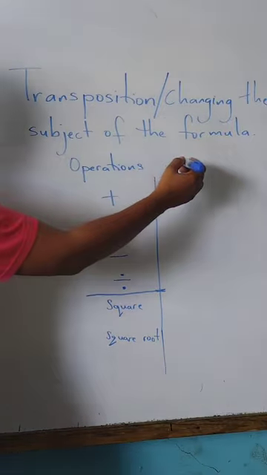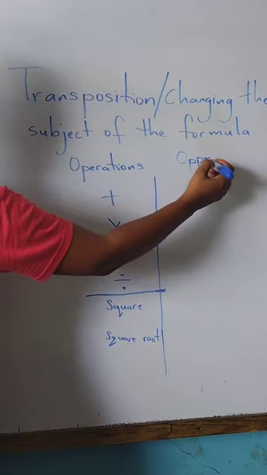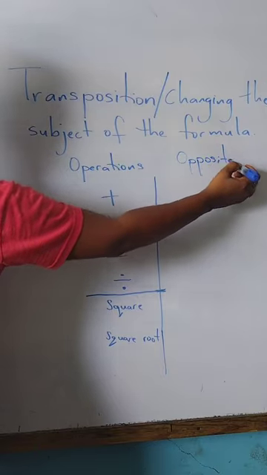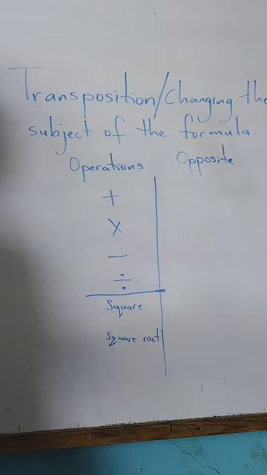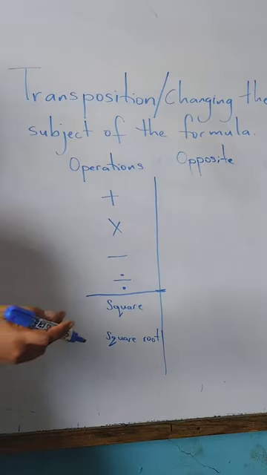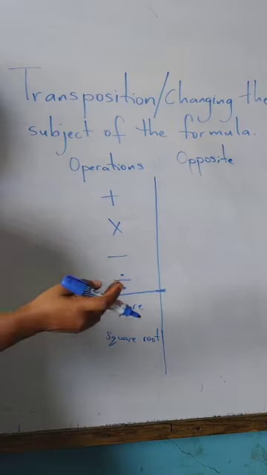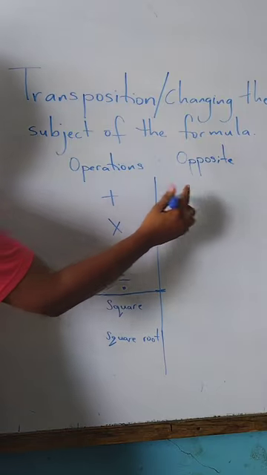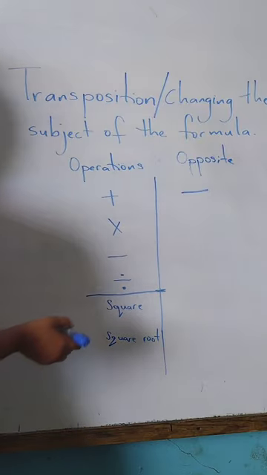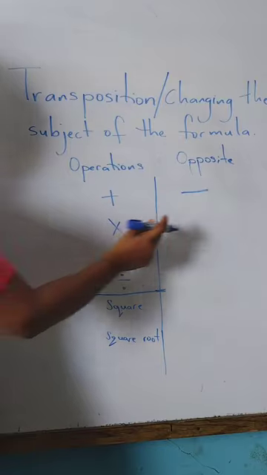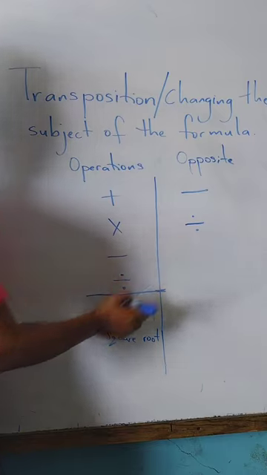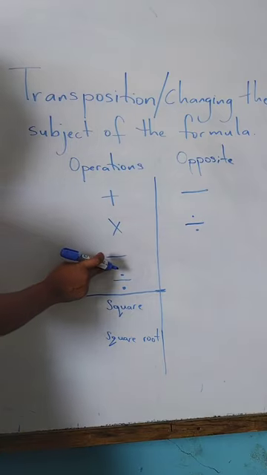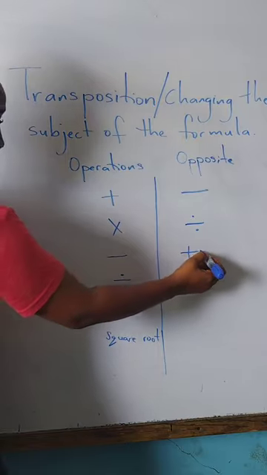So let's go over here and look at the opposite. The opposite operation allows us to cancel an operation so that we can actually transpose. If you have addition, the opposite of that is subtraction. If you have multiplication, the opposite is division. If you have subtraction, the opposite is addition.